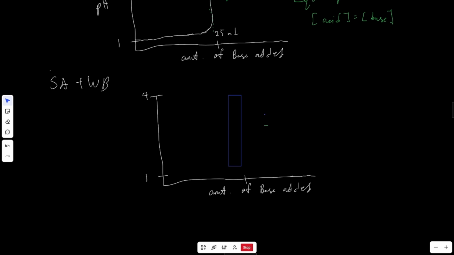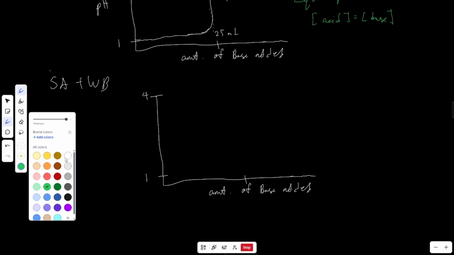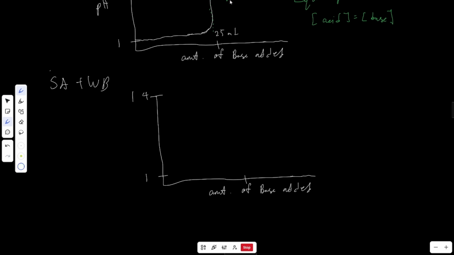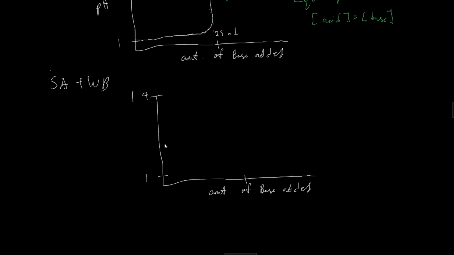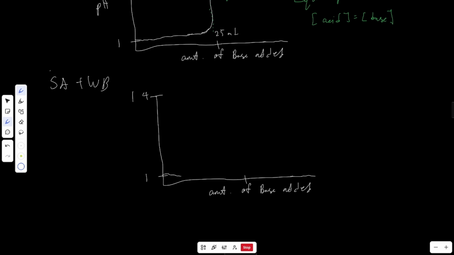Okay, there. So for a strong acid and a weak base, we know that a weak base is anywhere below 12 and above 7, right? So we have a strong acid. We start at the same spot, and we still have that sharp turn towards the middle.